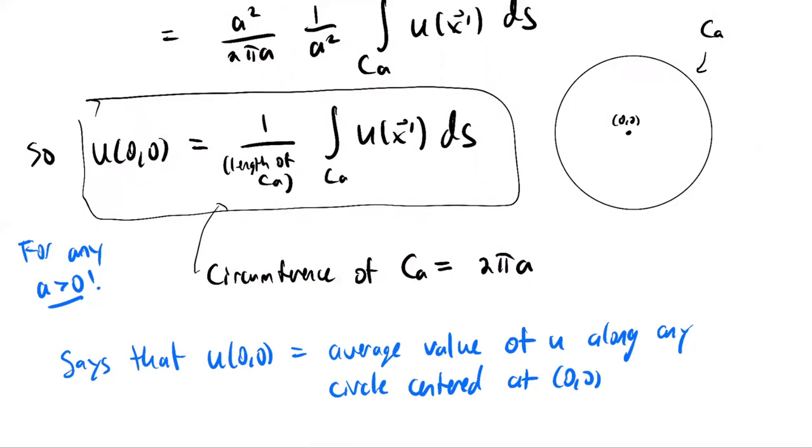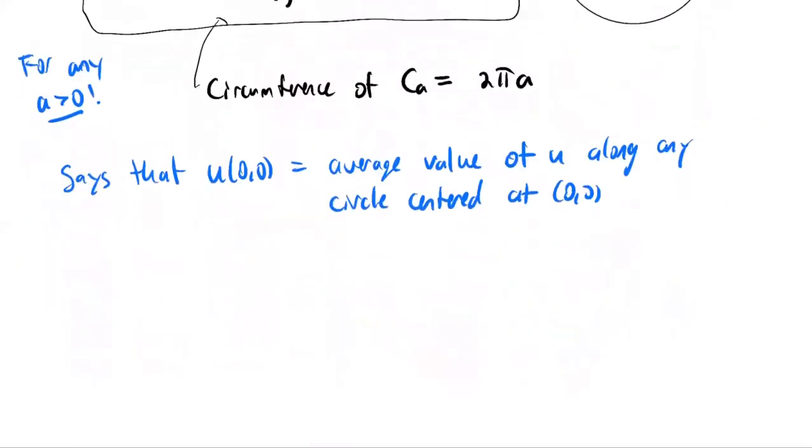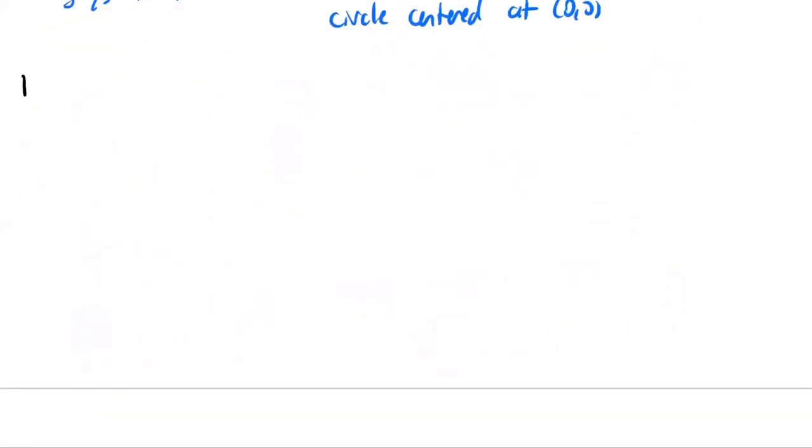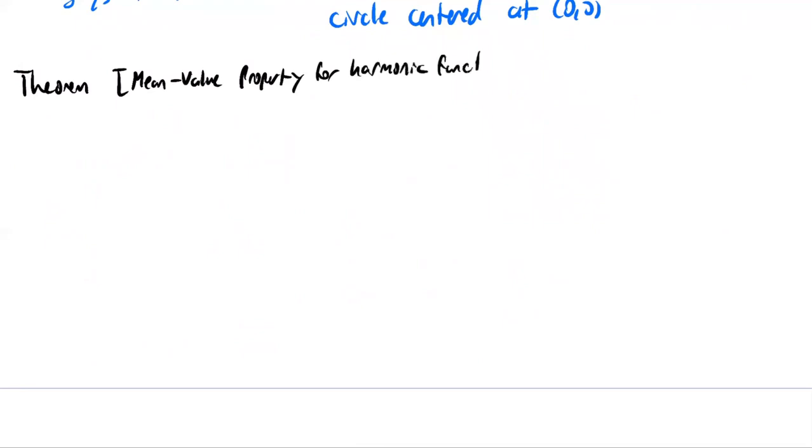And so this is what we're going to call the mean value property for harmonic functions. This is just going to require a little bit of notational setup, so this is not too confusing.